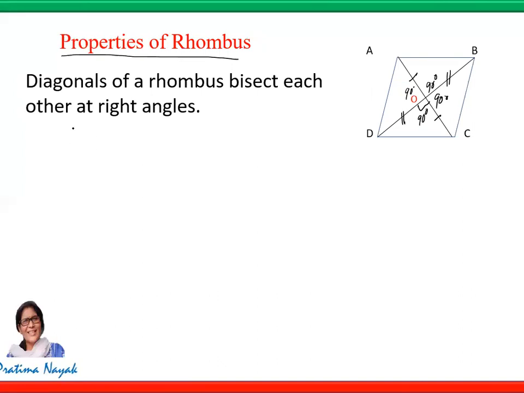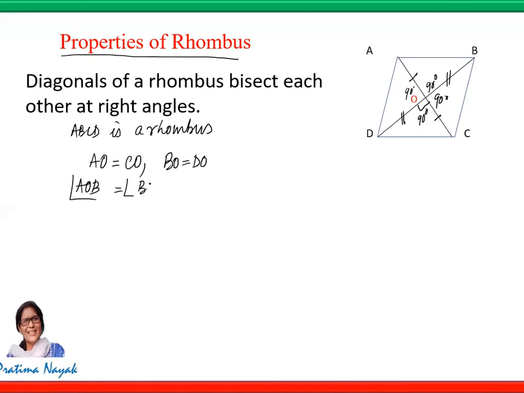So here, if ABCD is a rhombus, it has the property AO is equal to CO as in all other parallelograms, BO is equal to DO, but the extra property is what? Angle AOB, angle BOC, angle COD, angle AOD, each angle is equal to 90 degrees.